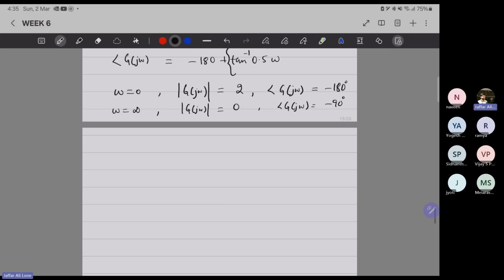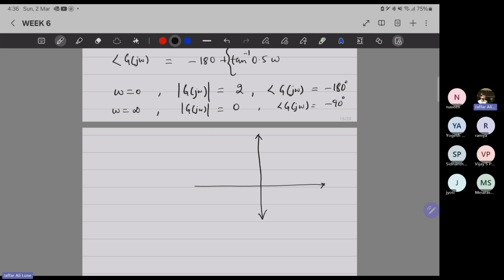And if I have to plot it, at omega equal to 0 my magnitude is 2 and the angle is minus 180.